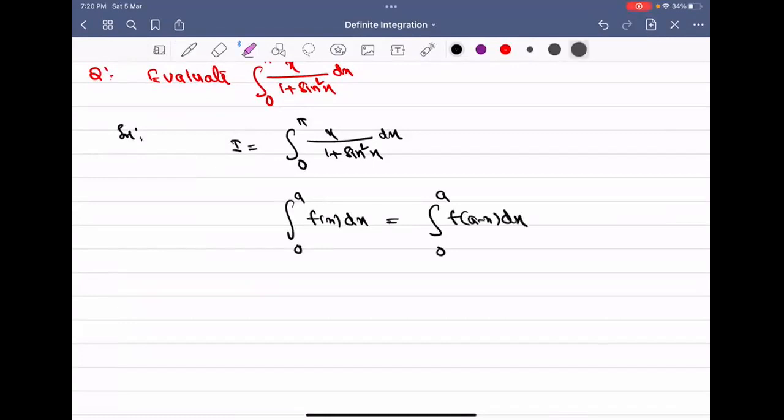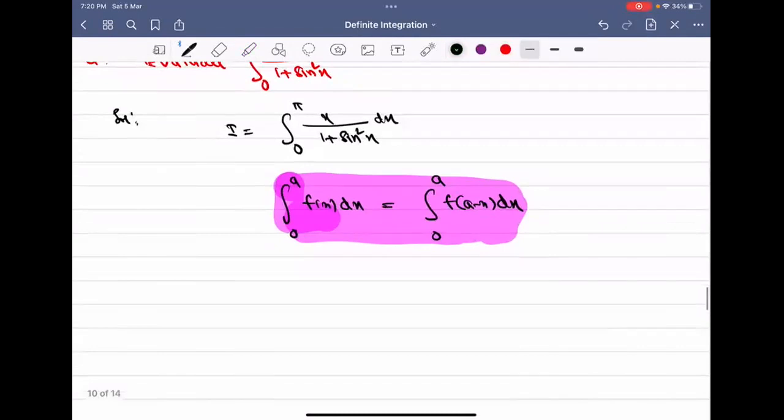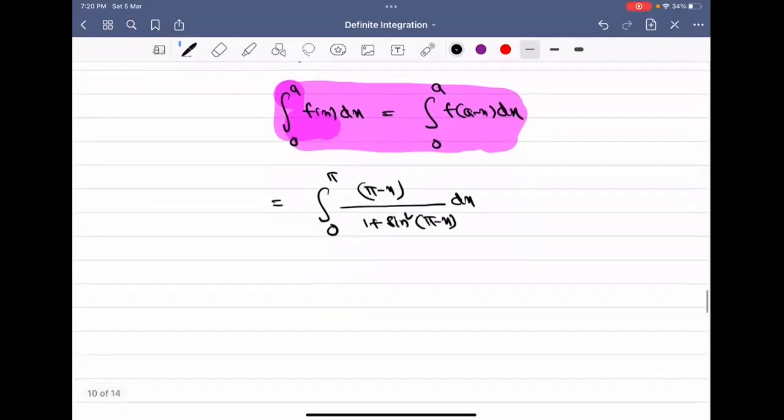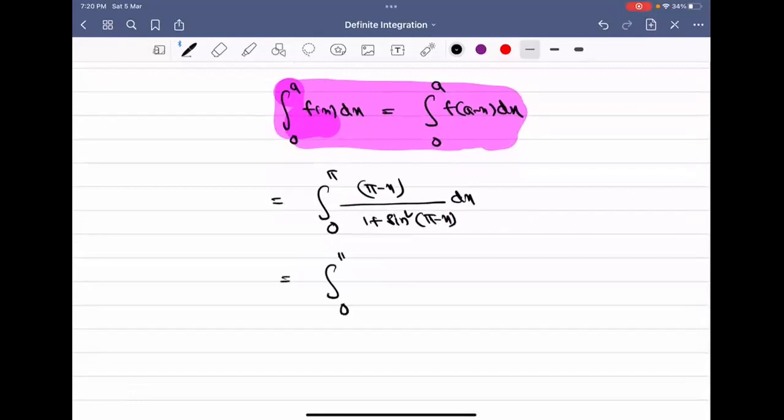So with this result, I will be equal to integration of 0 to pi, replace x with pi minus x, pi minus x over 1 plus sine square of pi minus x dx. So this is equal to integration of 0 to pi, pi minus x over 1 plus sine square x only.